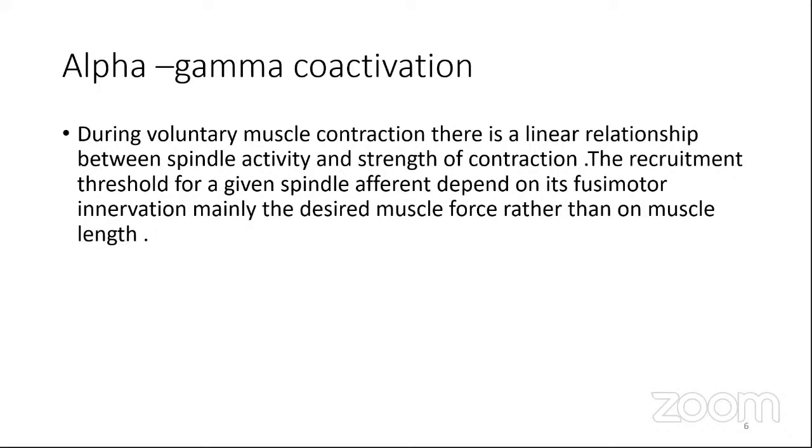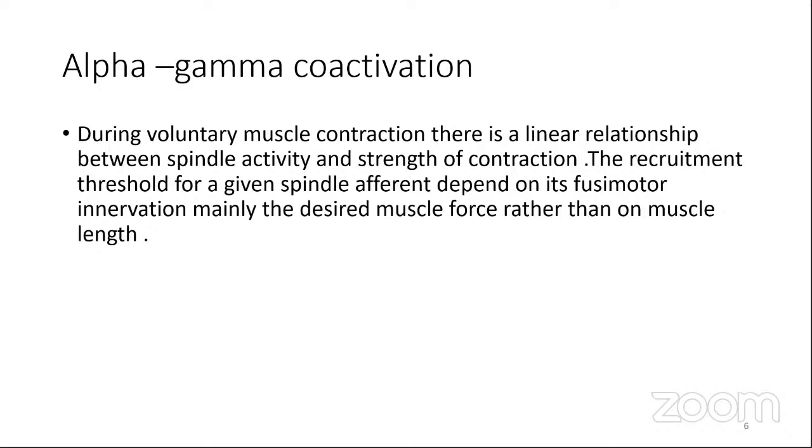So, during voluntary muscle contraction, the linear relationship between spindle activity and strength of contraction is mediated by alpha gamma co-activation.